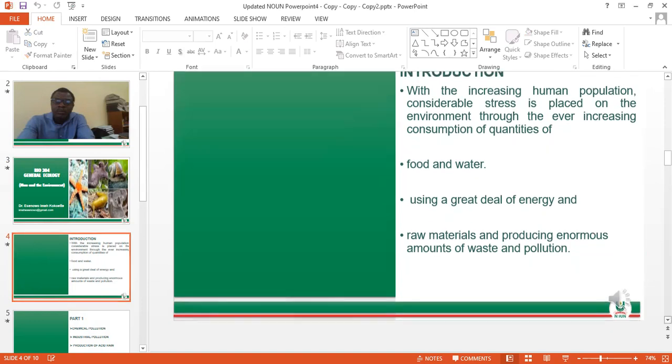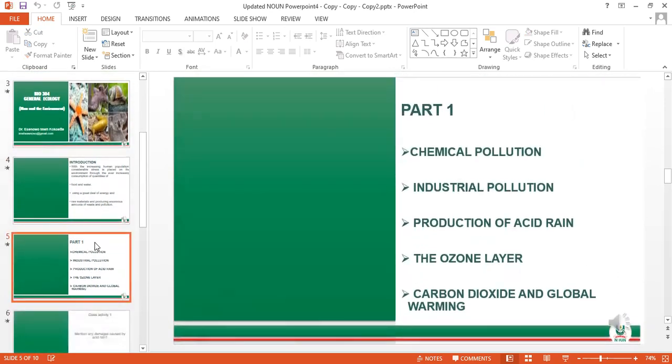So what is pollution? The question we want to ask. What is pollution? Pollution is the direct or indirect release of products that are harmful to organisms into the environment as a direct result of human activity.